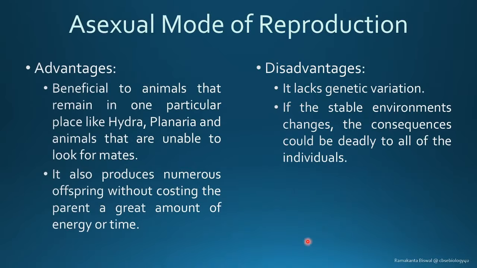Okay, anyway, let's talk about the asexual mode of reproduction. In this, we are first going to learn about the advantages and some of the disadvantages of the asexual mode of reproduction. The asexual mode of reproduction is beneficial to organisms that remain in one particular place, that is sessile animals like hydra and planaria, and other animals that are typically unable to look for mates of the opposite sex.